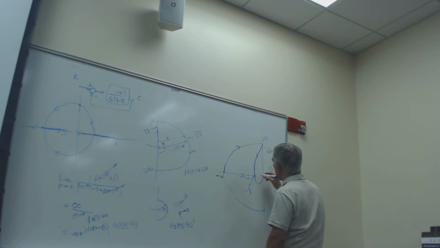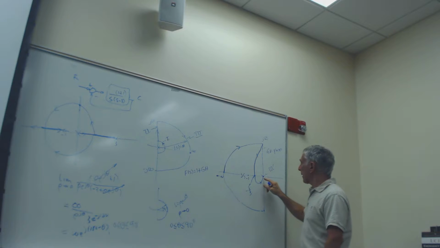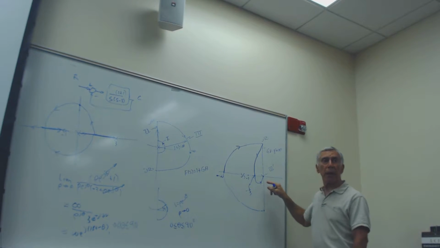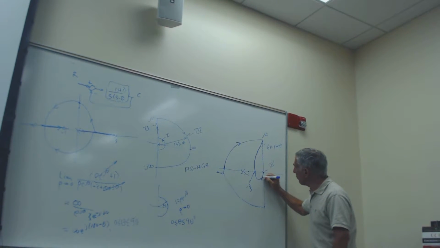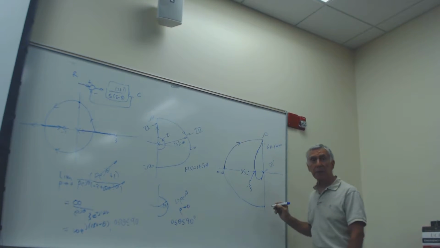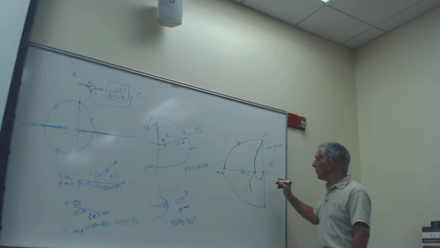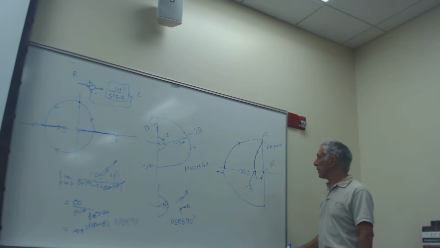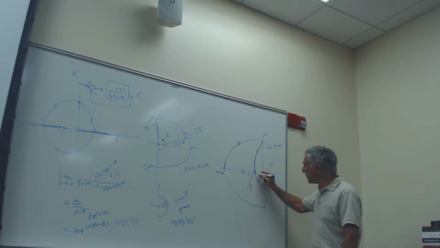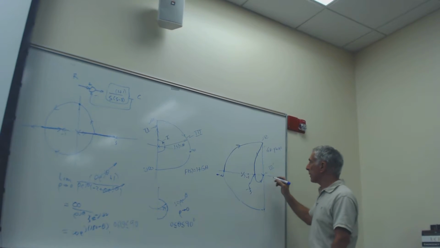It's coming downward like that, around like that, and ending up with a phase close to minus 90 degrees, right? In other words, take a point here; the vector from the origin to that point there has a phase slightly greater than minus 90 degrees, right? Minus 92. Okay. And so this is the shape of the Nyquist diagram.